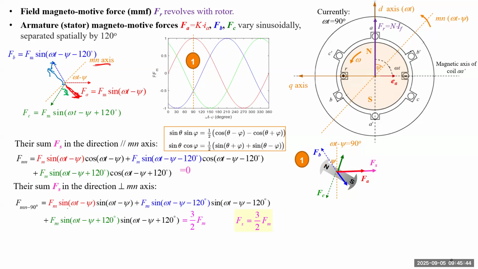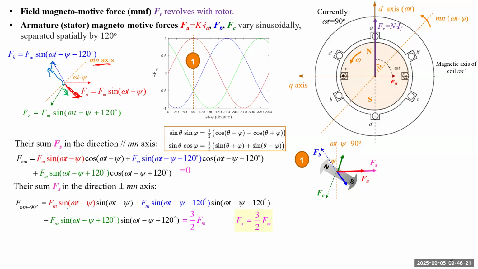Right now this is the MN axis, which determines when the current reaches the maximum value. So we further turn it until it becomes vertical to the ground. So this is 90 degrees. We keep the FA, FC, FB directions the same, but we determine the length of each arrow based on this figure. At 90 degrees, FA reaches the maximum value, so you have the full length for this vector.